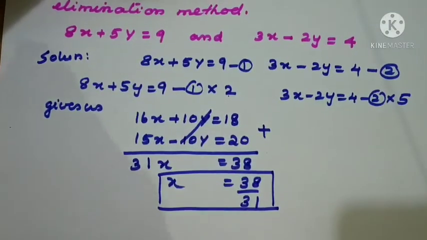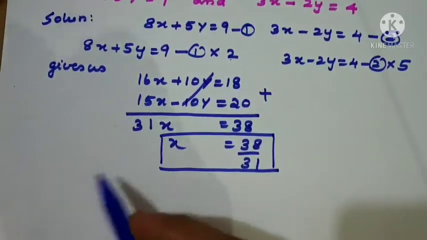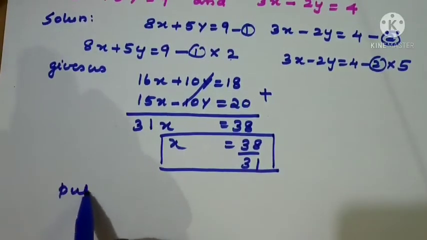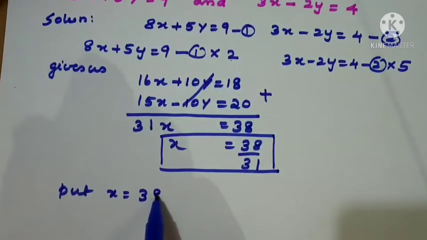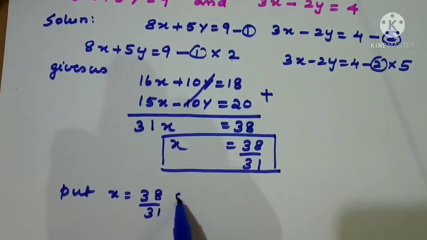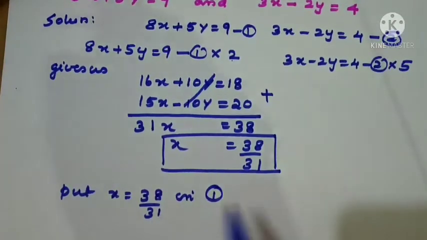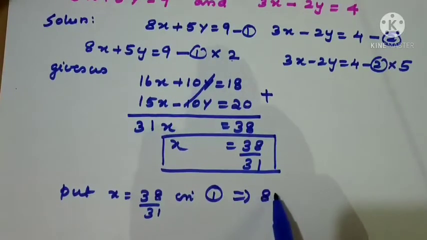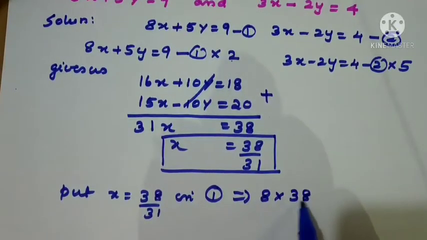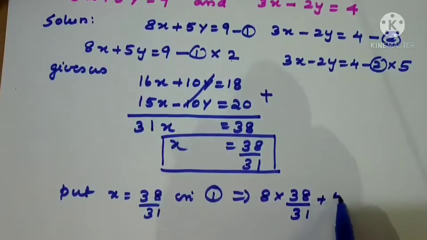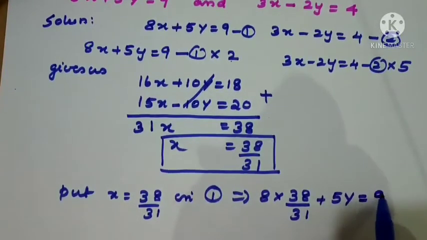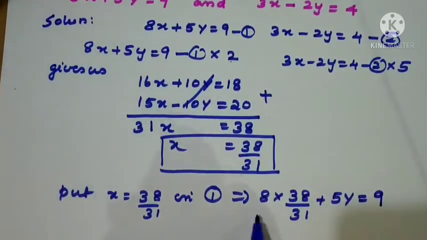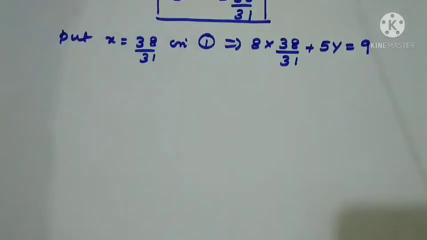Now what is the next step? We must get the value for y only. So put x equal to 38 by 31 in any one of the equations. Equation 1 I am choosing, implies 8 into 38 by 31 plus 5y equal to 9, right? So 8 into 38 by 31, nothing will get cancelled, so we have to go for the multiplication.